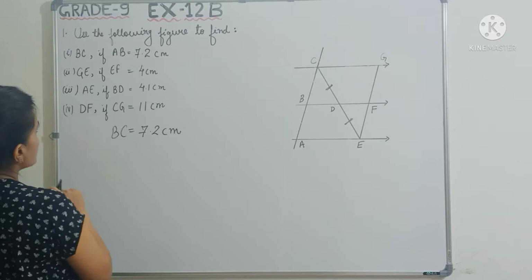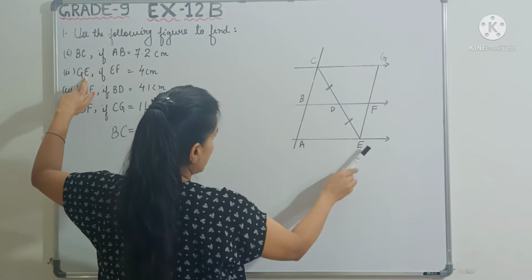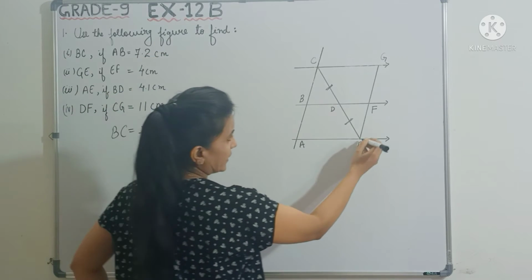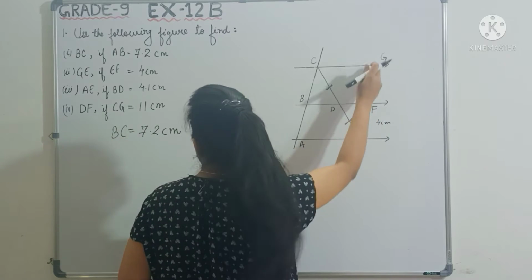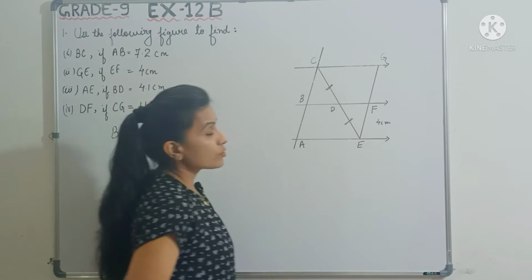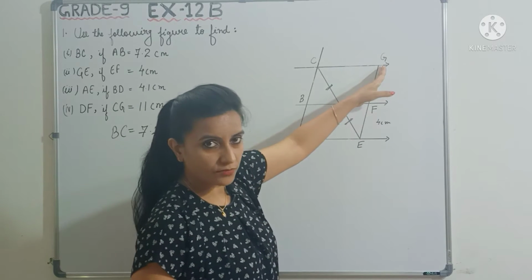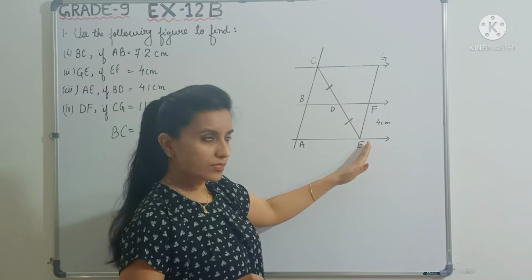Now, next question is GE. You have to find GE if EF is 4 centimeter. So EF is 4 centimeter and you have to find EG, right? Again, here EG is another transversal. So even this transversal will make equal intercepts.